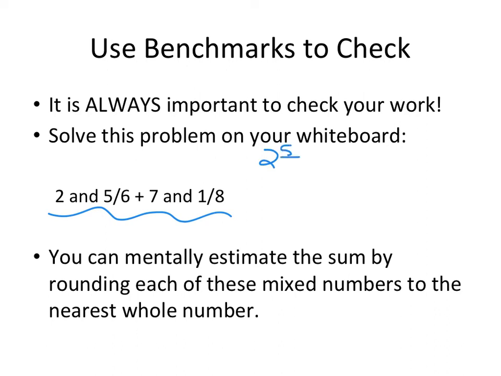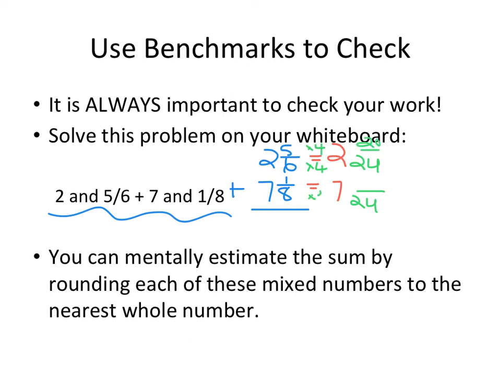2 5/6 plus 7 1/8. I'm going to start off with my two little equal signs, and then so I don't forget, I'll put my whole numbers, 2 and 7. I know that the best denominator between 6 and 8 is going to be 24. I multiplied 6 by 4 to get 24, so when I do the same thing to the numerator, I get 20/24.